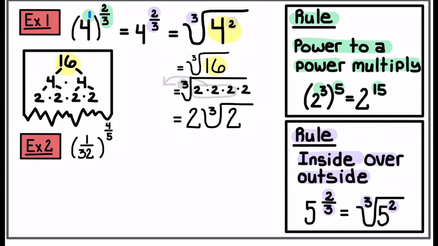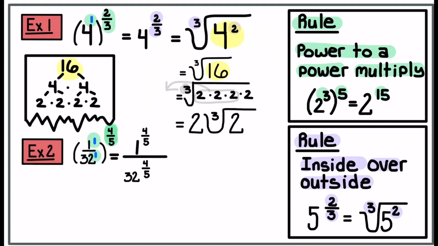In the second example, we need to begin by using the power rule, power to a power, multiply. The exponents on 1 and 32 are both 1, so let's multiply 1 times 4/5 and 1 times 4/5 again. So I have 1 to the power of 4/5 over 32 to the power of 4/5.